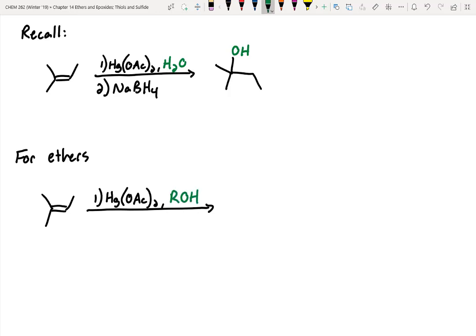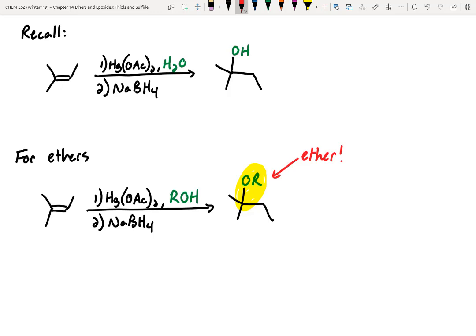It could be really any alcohol for this situation. And if we do this, we'll form our new ether where now we have an alkoxy group. So this allows us to make a new ether functional group. Does that make sense?